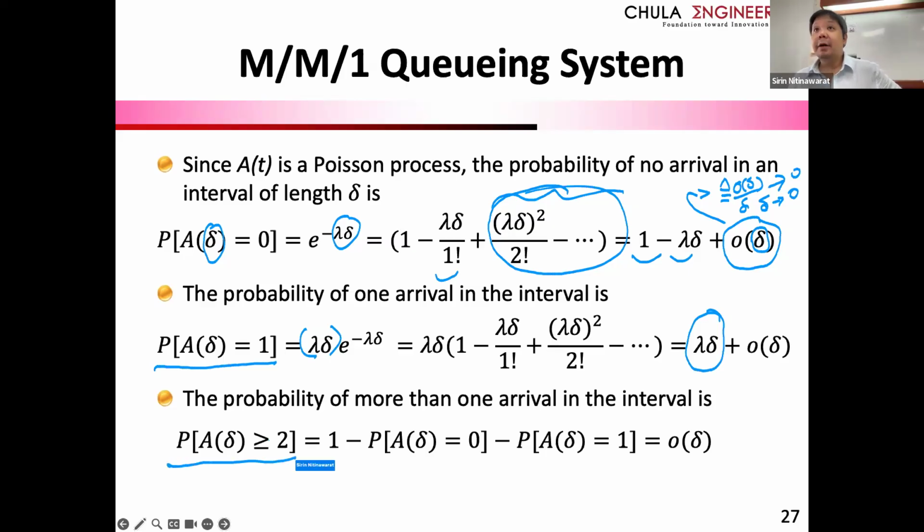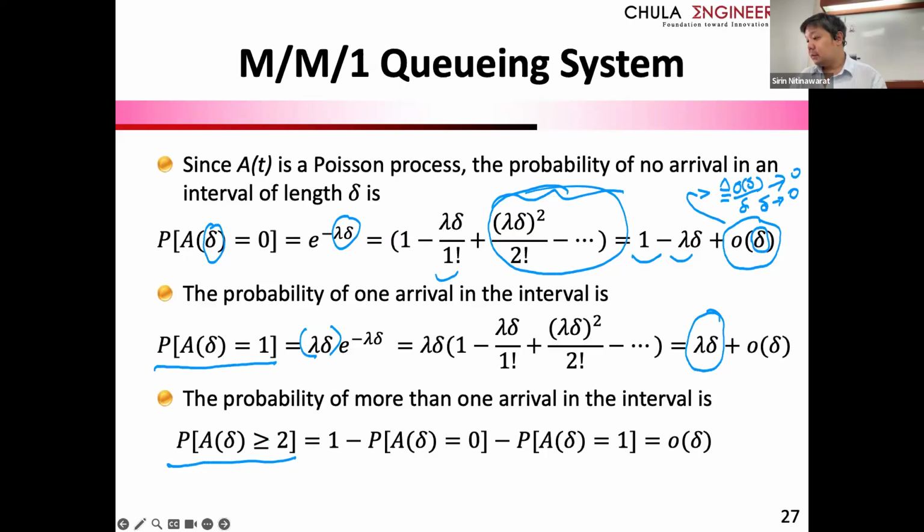What about the rest of the probabilities? Probabilities that in a small interval delta, there'll be more than one arrival. So basically by laws of probability, it's just one minus the first two quantities.